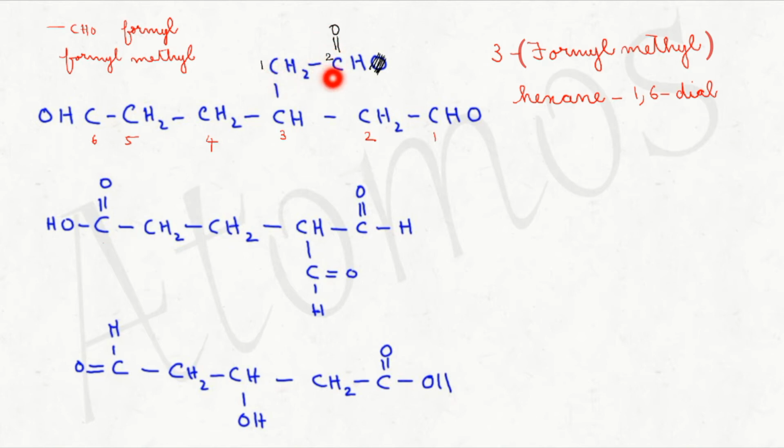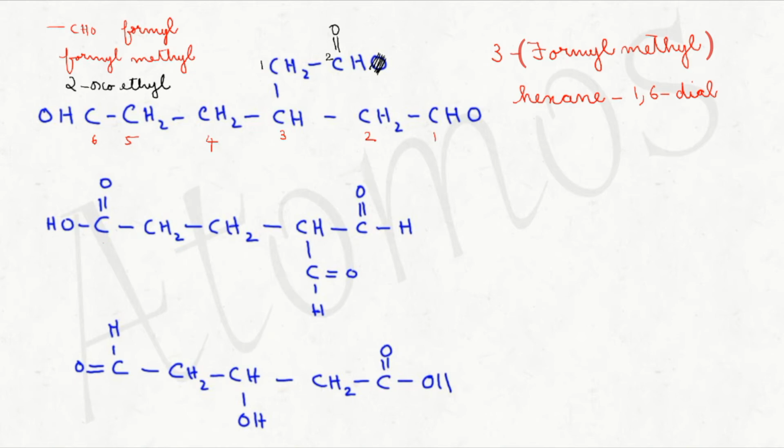Then this will become an ethyl group. And one oxygen atom is attached to this second carbon atom. So, what will be the name of the substituent? You can write it as 2-oxoethyl. So, in this way also, it will be written in some books.